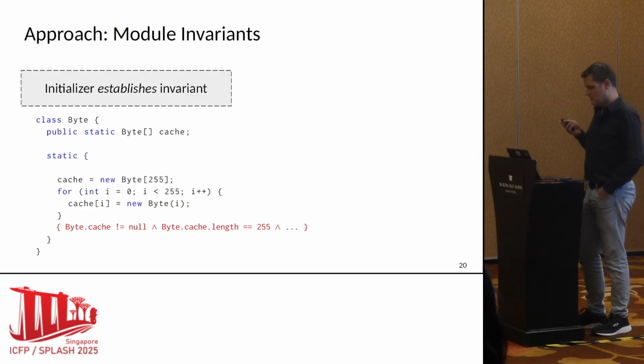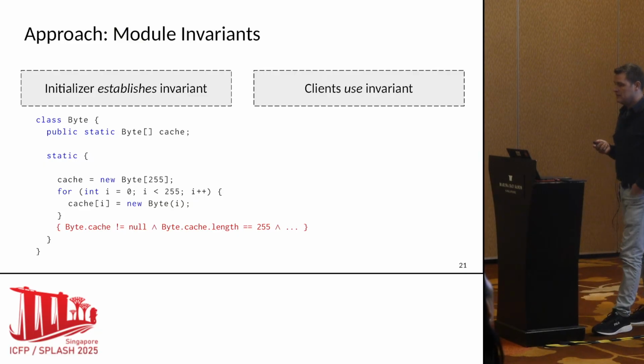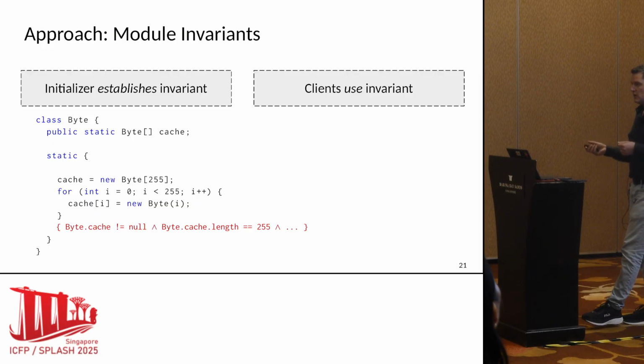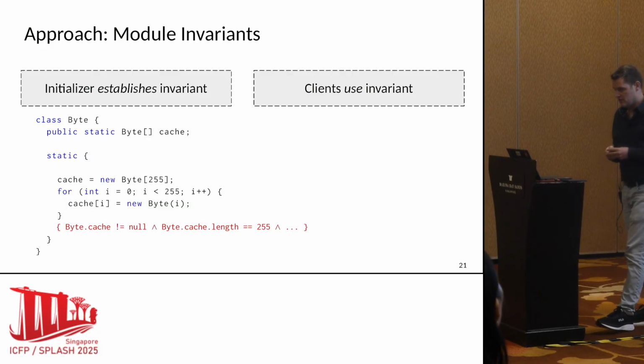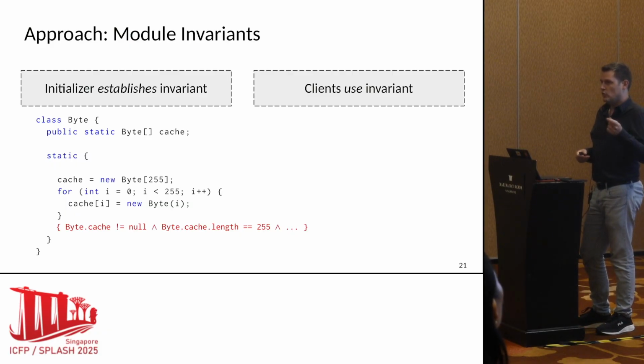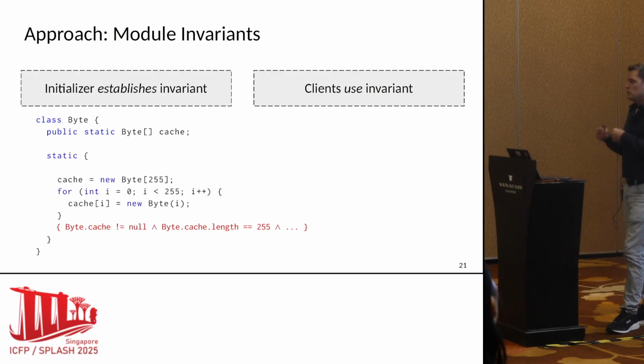And now the second and super central aspect is that clients should be able to use this invariant without having to reason about when exactly initialization happened. So as I've just said, doing that modularly is very difficult or impossible in these languages. So if a client wants to use an invariant, it shouldn't have to reason about when exactly initialization happened.